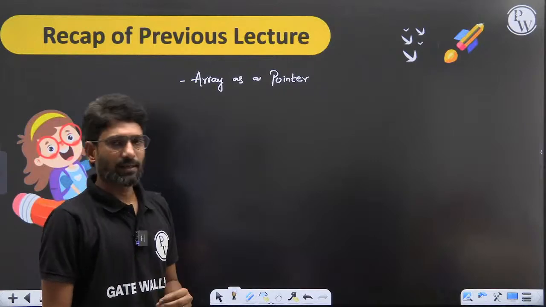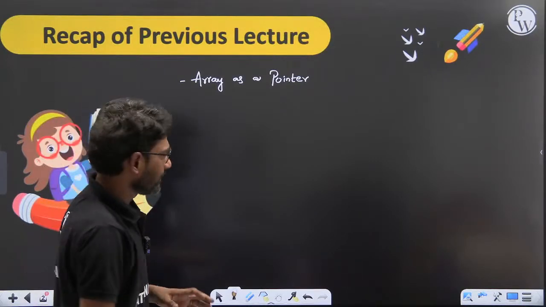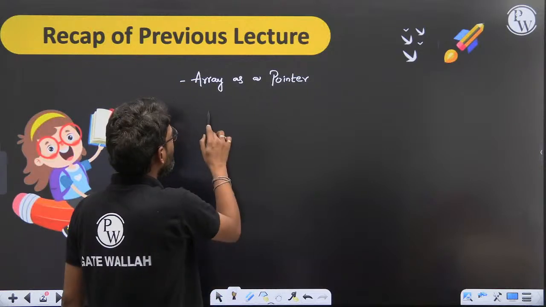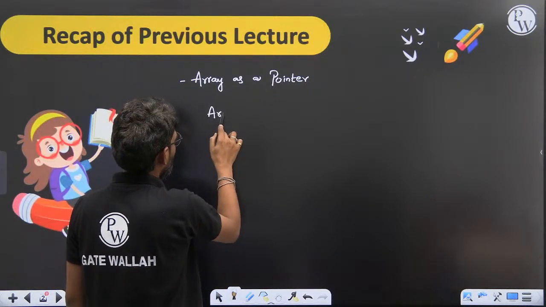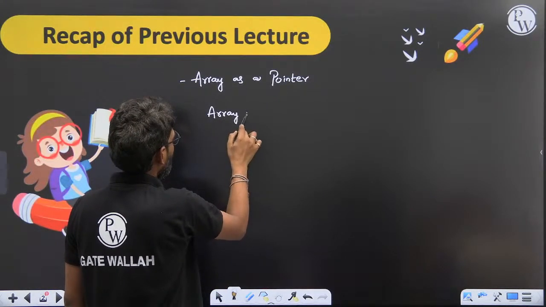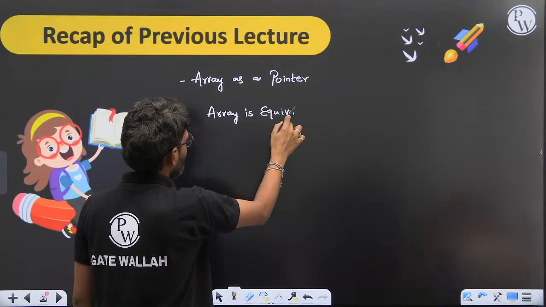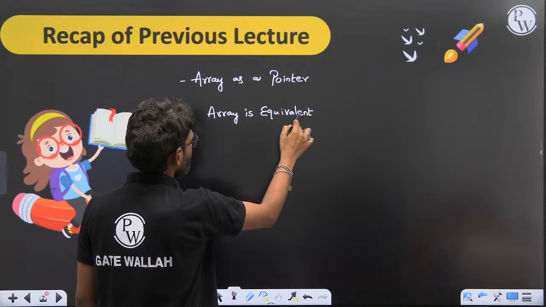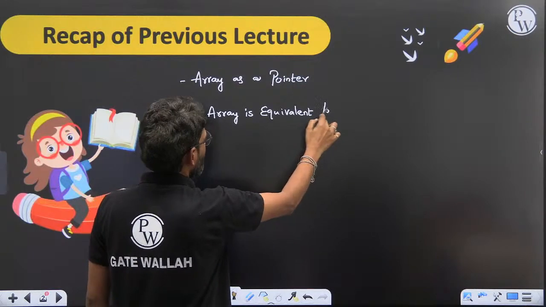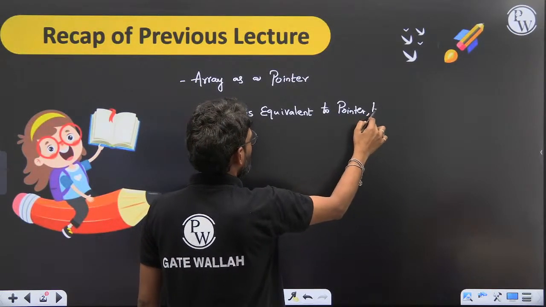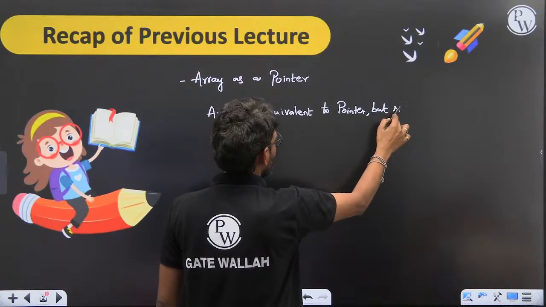In the last class, we have clearly discussed that array and pointers are equivalent. Array is equivalent to pointer, but not exactly the same.